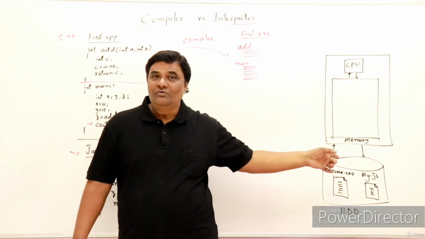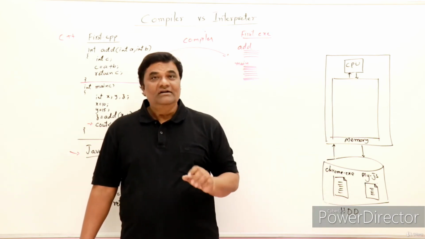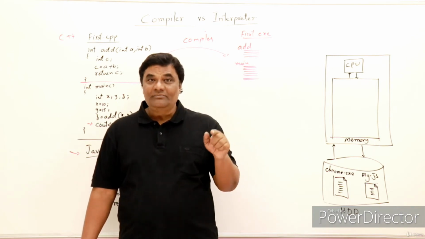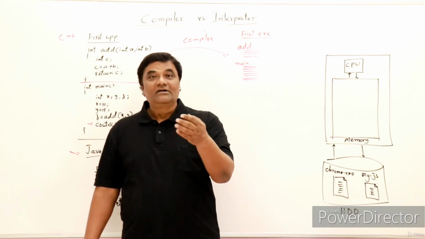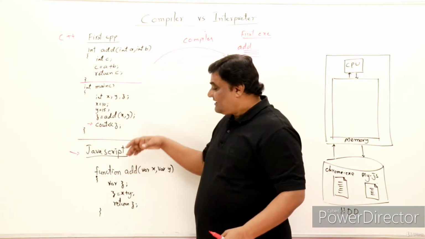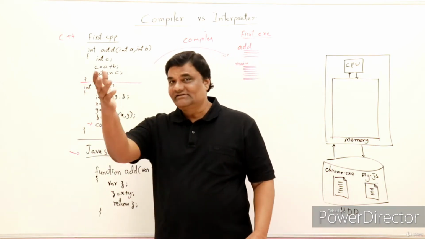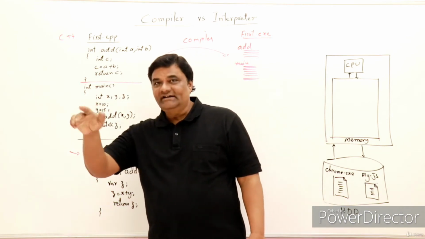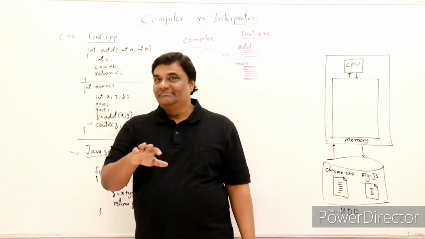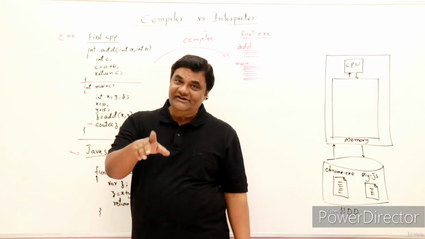Chrome will execute it. Unlike a C++ program, where the compiler will not execute it, here Chrome is an interpreter for JavaScript. Chrome will execute it, yes. So how will it execute? It will not translate the whole thing and then start executing. It will translate the first line, execute, second line, execute, third line, execute. So it is line by line translation as well as execution.